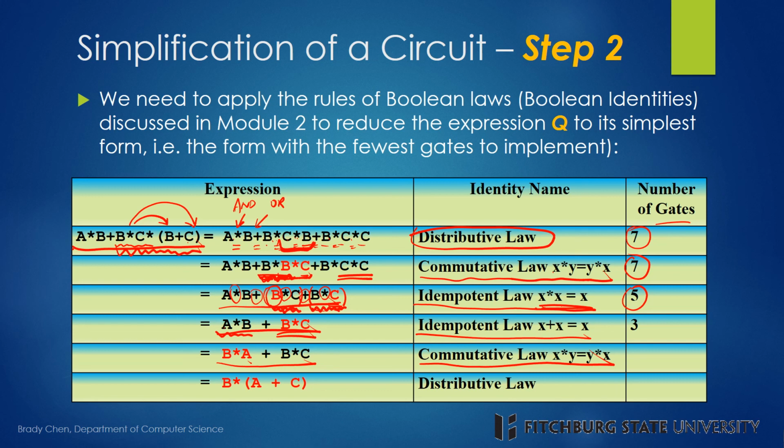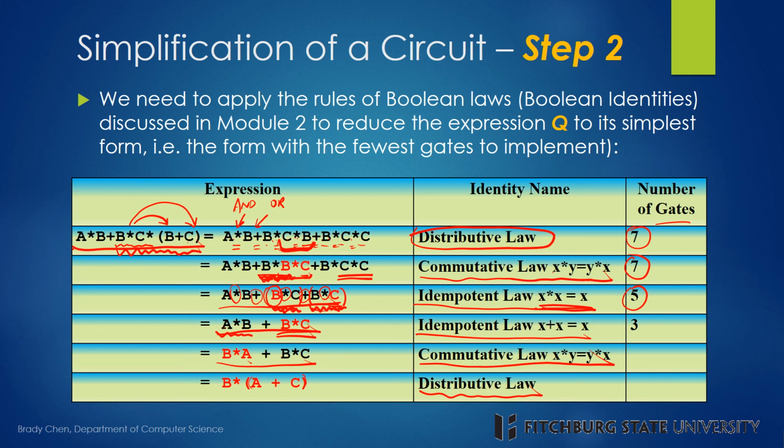Because now we see that there's a common factor in both terms: first the B times A, the second the B times C. Then you can use the distributive law and take the B out. So now we have B times parenthesis A plus C.